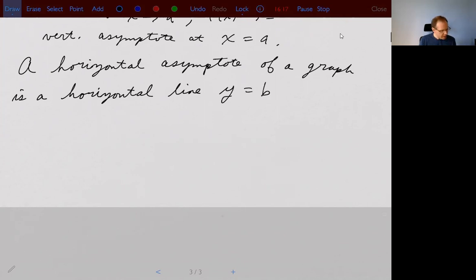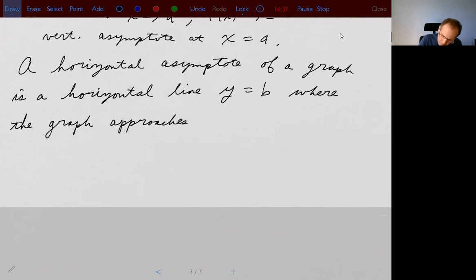Usually we say y equals b, where the graph approaches the line as the inputs get large.